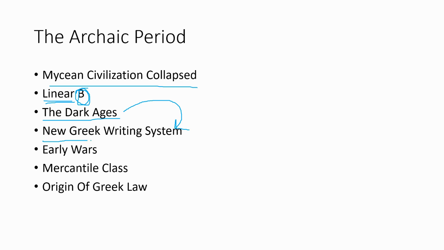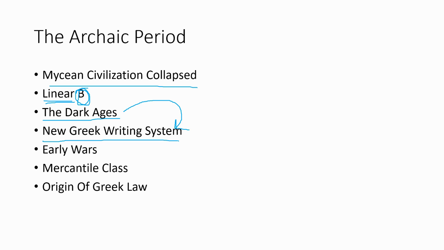The Phoenicians were traders, and they spread this writing system around, and this, along with some other factors, probably led to the rise of Greece and Greek culture in the region where modern Greece is.